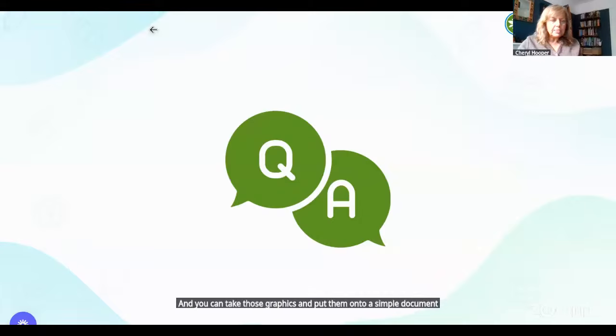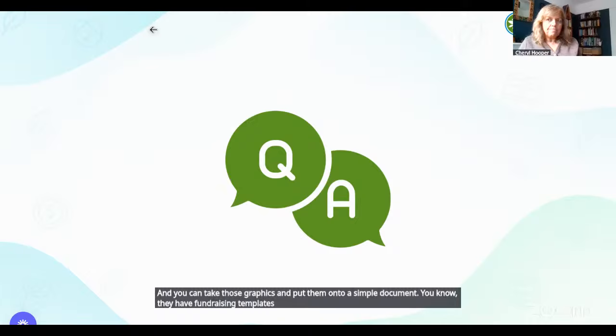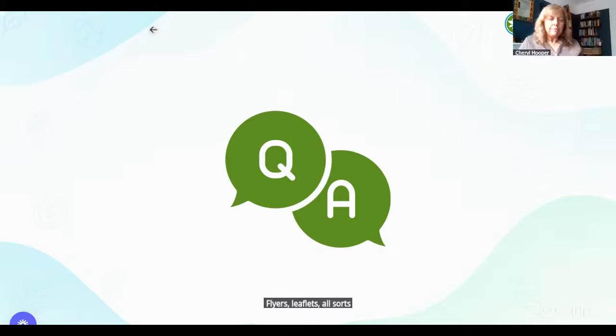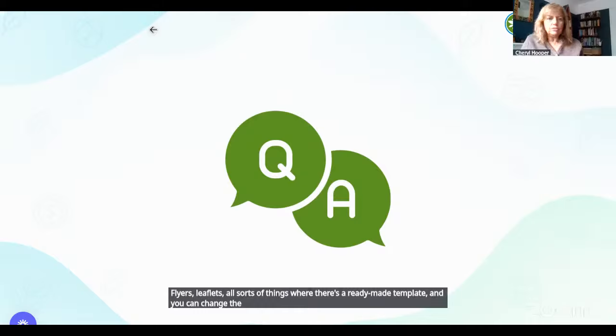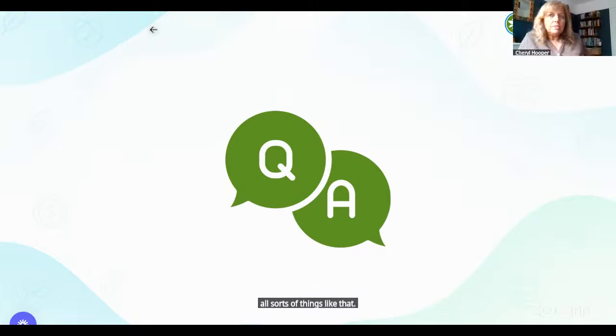They have fundraising templates, flyers, leaflets, all sorts of things where there's a ready-made template and you can change the colors, the font, the text, and drop in photos. So I would say that is a good graphics fundraising tool. And I use it a lot, and I don't think you actually need much more than that.